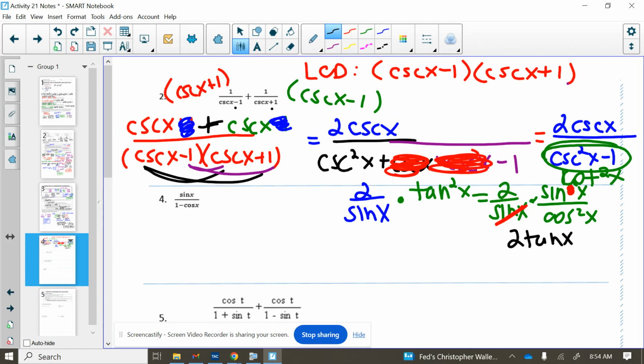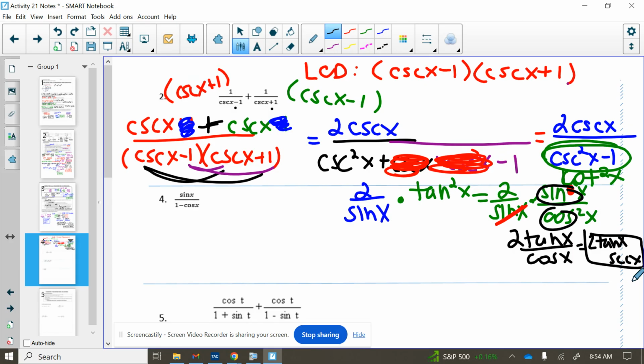And then we still have 1 cosine on the bottom if we use this sine and one of the cosines. So the other cosine can then be rewritten up top as a secant of x. So 2 tan x secant of x is our simplified answer there.